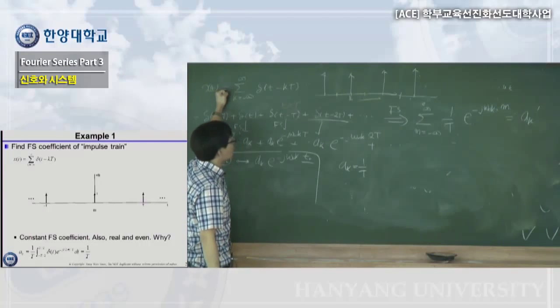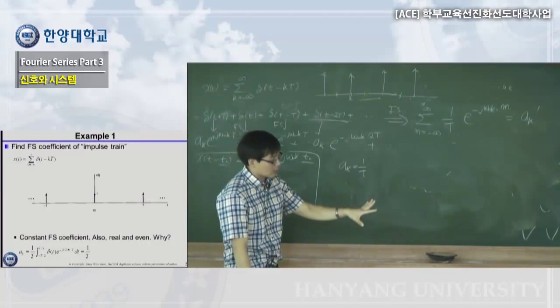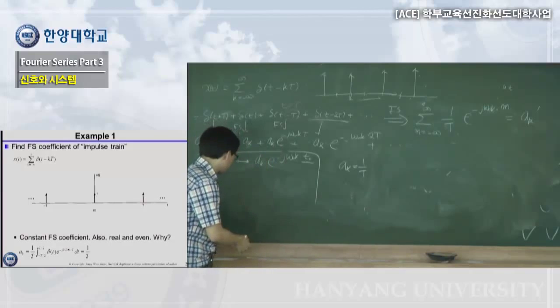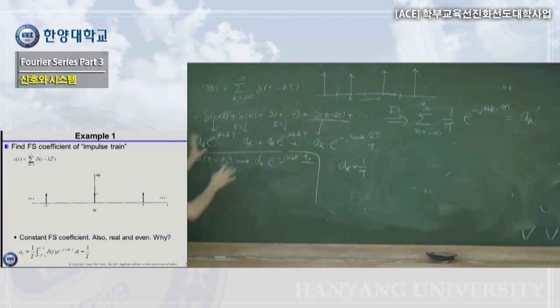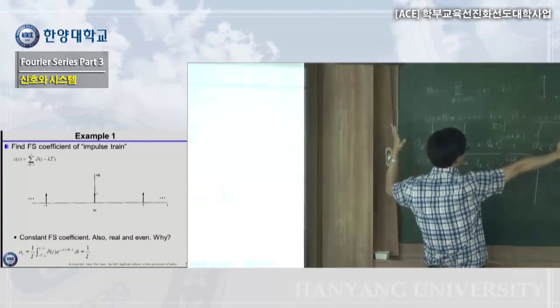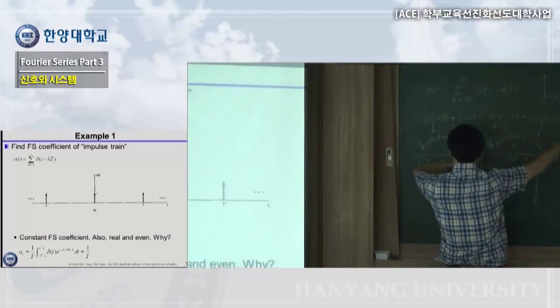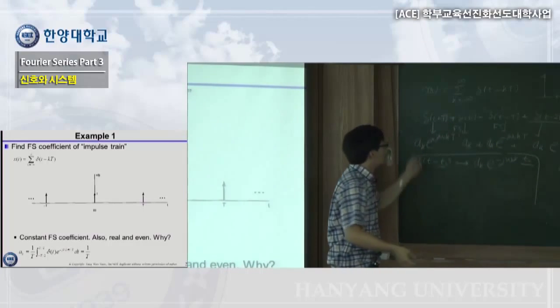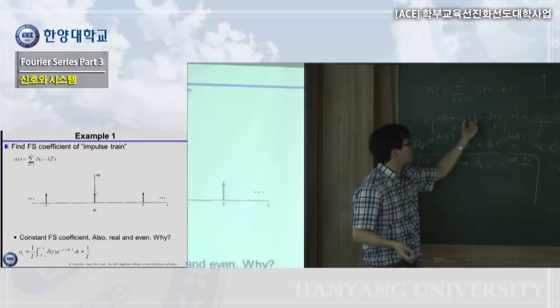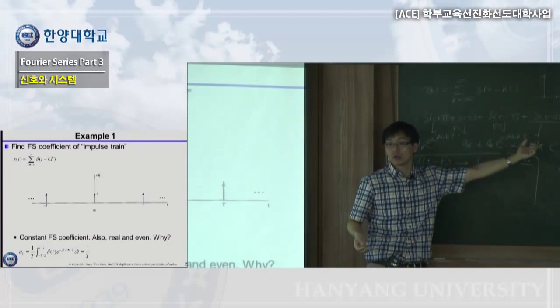So in short, if you use the properties, using linearity you separate them and find the Fourier series coefficient of each, and then from this relationship, you figure out that this is a time-shifted version.